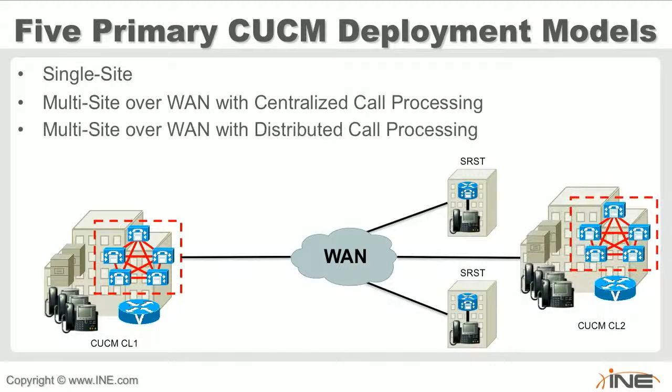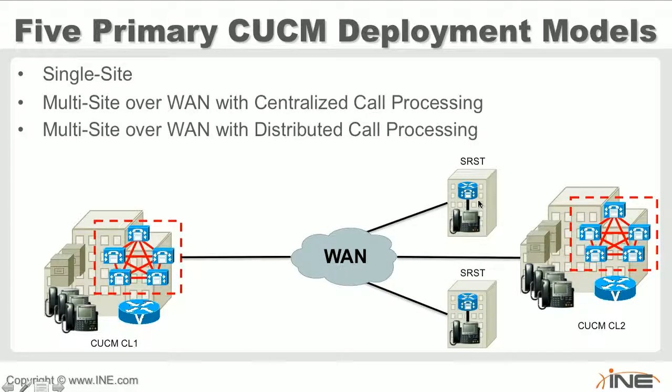Then we have multi-site over the WAN with distributed call processing. So you see now, on the left over here, I've got my CUCM CL1, or I'm calling that Cluster 1. So Cisco Unified Communications Manager Cluster 1, and I also have Cluster 2. So I've got still multiple sites. I could even just have 2 clusters.